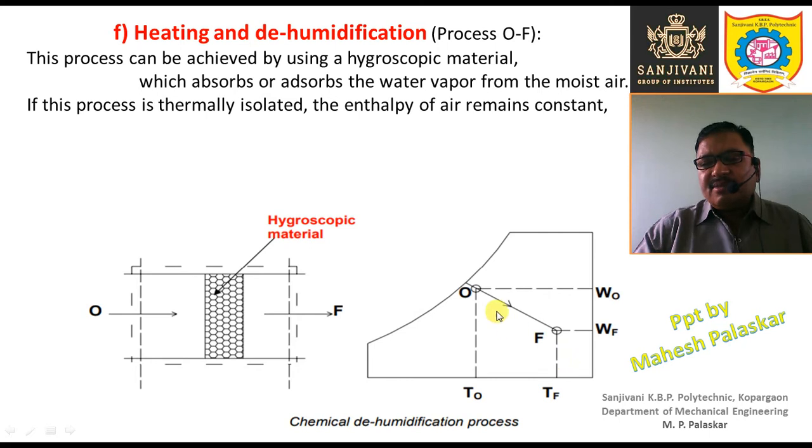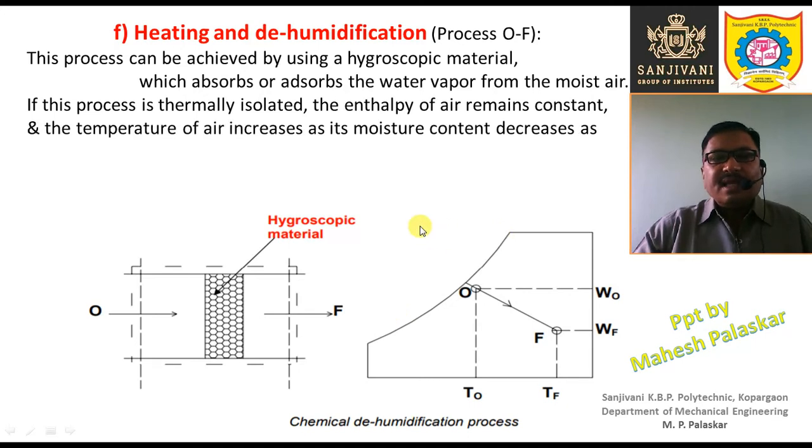But if there is thermal isolation, the total overall enthalpy will remain constant. Though the latent enthalpy decreases and sensible enthalpy increases, the increase in sensible enthalpy will be equal to the decrease in latent enthalpy. So the overall enthalpy may remain the same if the process is thermally isolated, and this process line can be perpendicular to this enthalpy scale here like this.